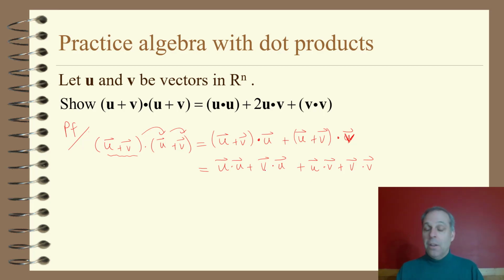And then lastly, again by commutativity, this term and that term are actually the same thing, because u dotted with v is the same as v dotted with u. That then gives you u dotted with u plus 2 of these terms, u dotted with v plus v dotted with v. And that is what I had to prove.